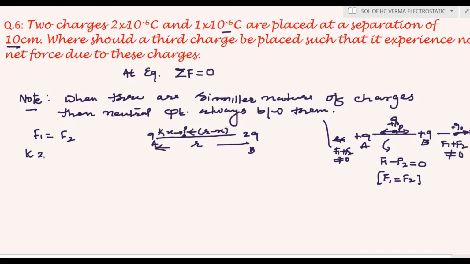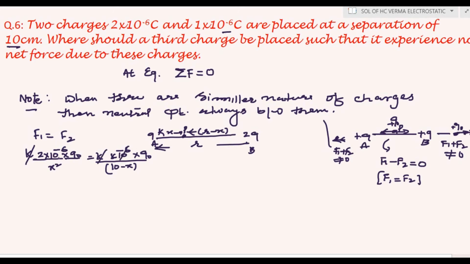K, what is Q1 and Q2? Q1 is 2 into 10 raised to power minus 6 into test charge, that is Q0, and separation is suppose X square, is equal to K, that is similar, into 1 into 10 raised to power minus 6, into the other charge, that is test charge Q0, whole divided by R minus X, means 10 centimeter is already given, that means 10 minus X in centimeter.